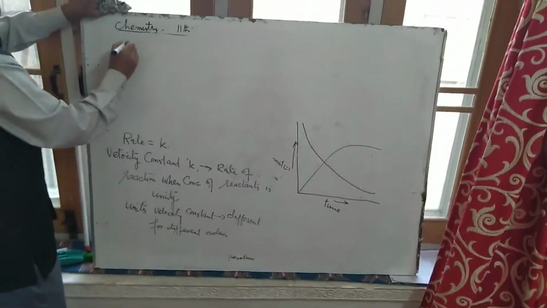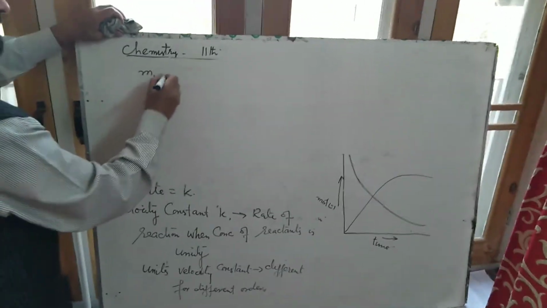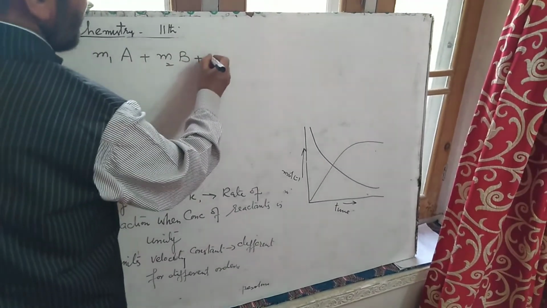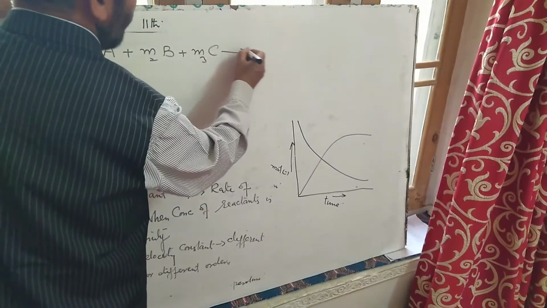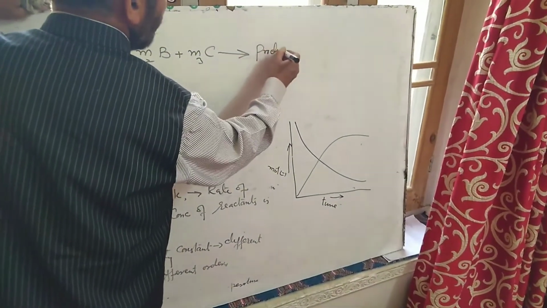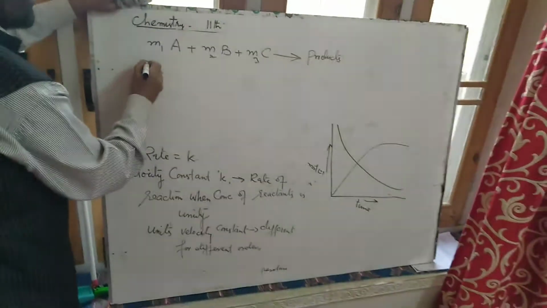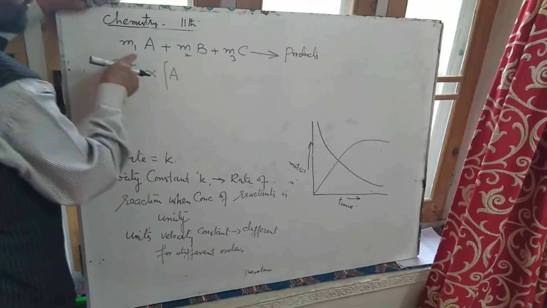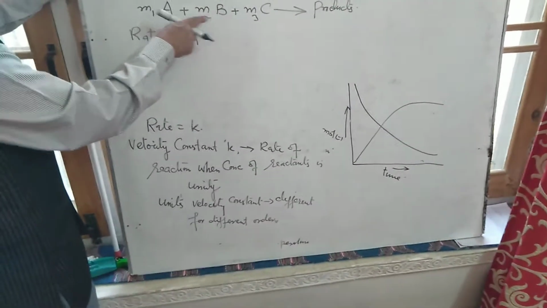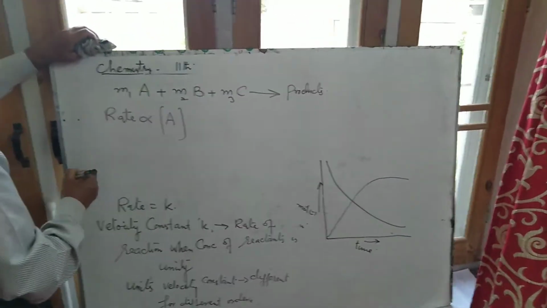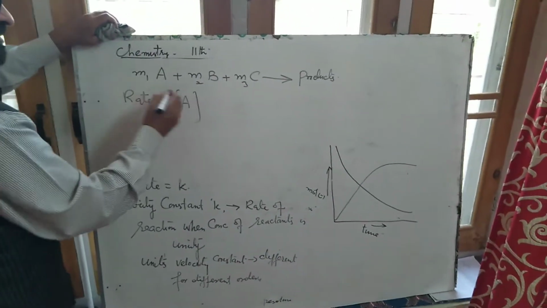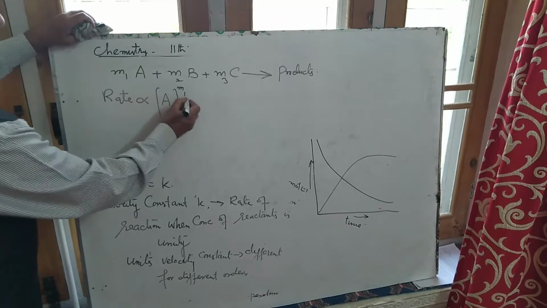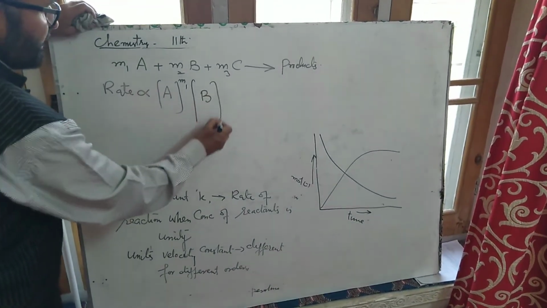m1 times A plus m2 times B plus m3 times C gives products. So as per the law of mass action, we can write rate is proportional to A raised to m1 into concentration of B raised to power m2 into concentration of C raised to power m3. Here I have used the stoichiometric coefficients m1, m2 and m3. As per the law of mass action, each concentration term is raised to the power equal to its number of moles in the stoichiometric equation.